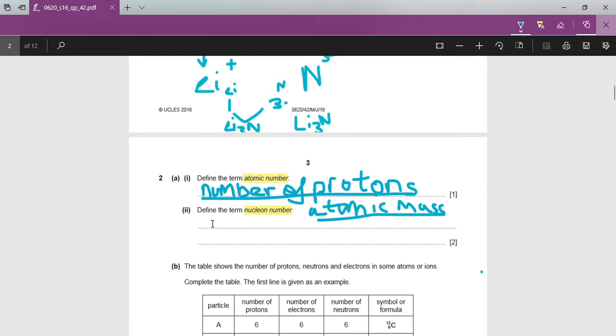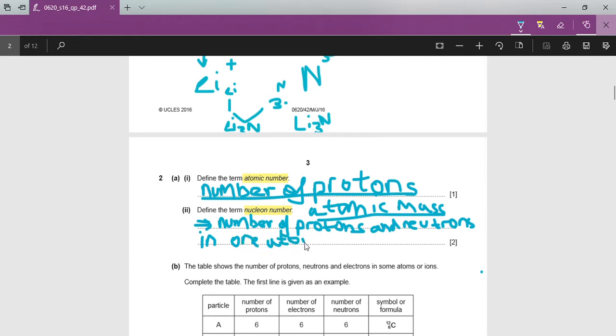So in order to get the 2 marks, you need to first say it's the number of protons and neutrons. That will get you 1 mark. And the second point is in one atom of an element.